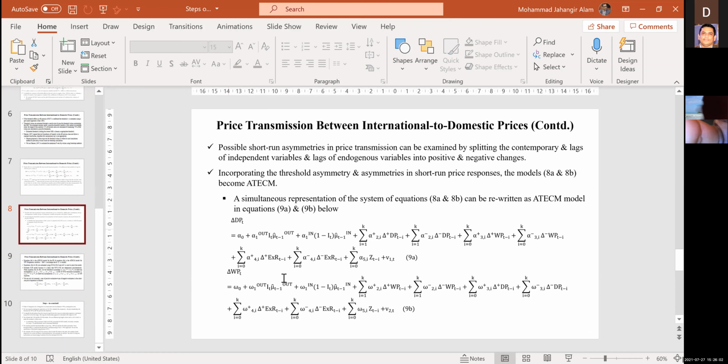Actually, in the software, I'll be showing how all these equations work, but it looks very fuzzy, like a cloud. But if you look carefully, it's expanded into different variables. For example, this is the change of the domestic price in lag 1, lag 2, but this change is split into two, the positive change and negative change, by using the positive and negative sign.